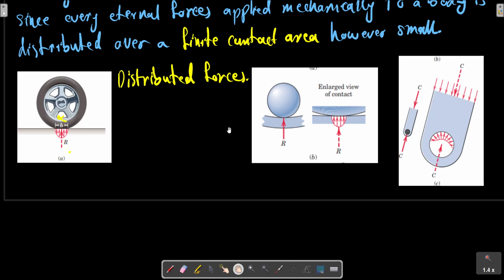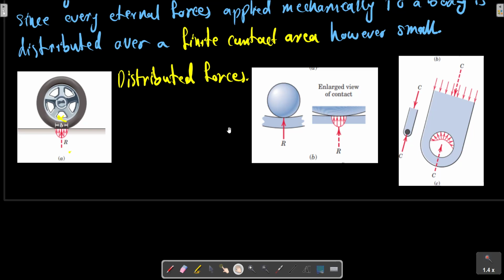In this and other similar examples, we may treat the forces as concentrated when analyzing their external effects on the body as a whole. If, on the other hand, we want to find the distribution of internal forces in the material of the body near the contact location, where the internal stresses and strains may be appreciable, then we must not treat the load as concentrated but must consider the actual distribution.